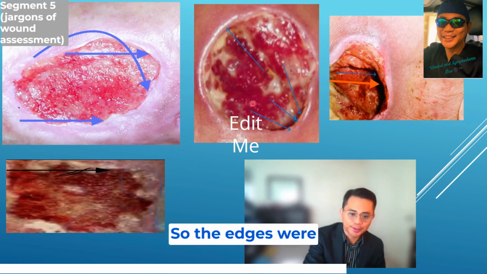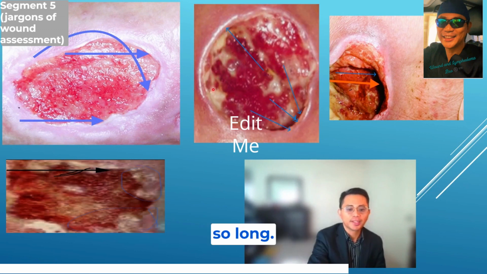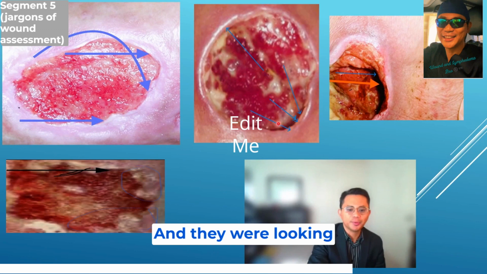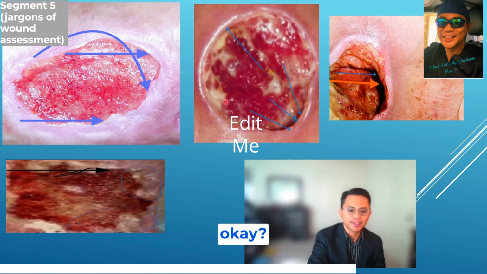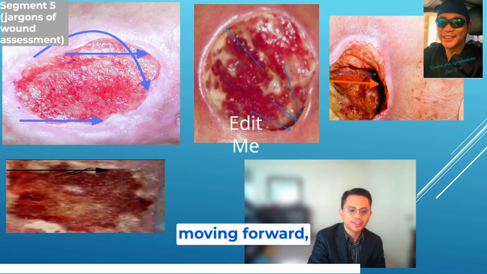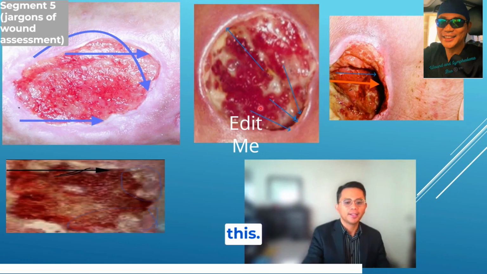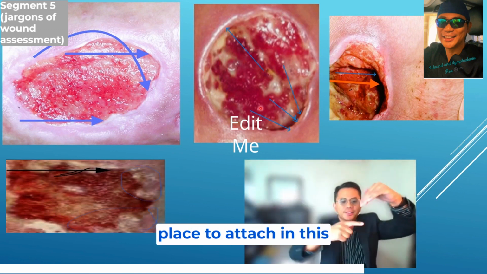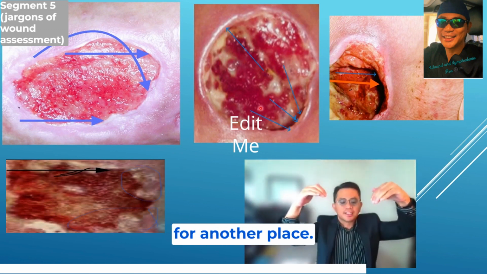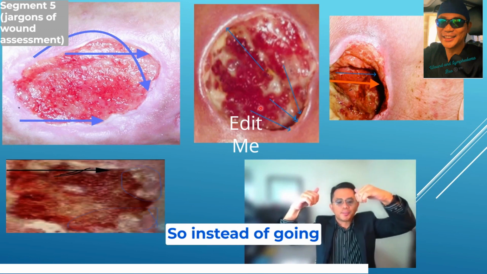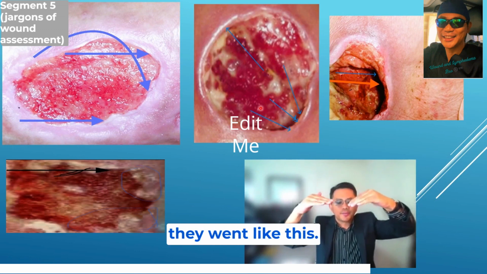So the edges were waiting and waiting for so long, and then they're ready to migrate and move forward, and they were looking for a place to attach, and they couldn't attach because this is so deep. So what they did is that instead of moving forward, they went down like this, and since there's no place to attach in this area, they curled in and looked for another place. Instead of going forward, they went like this.